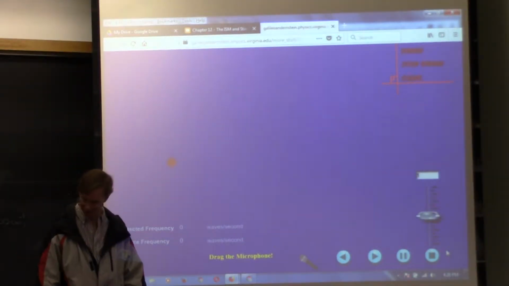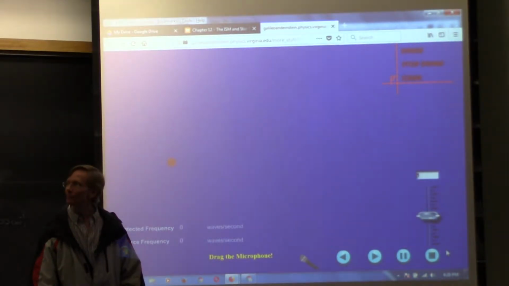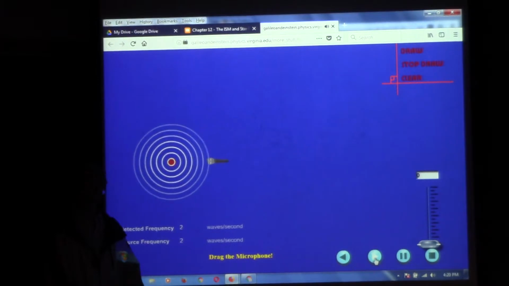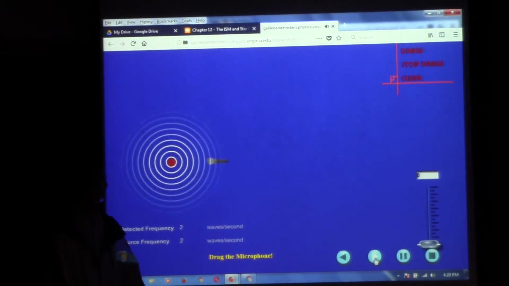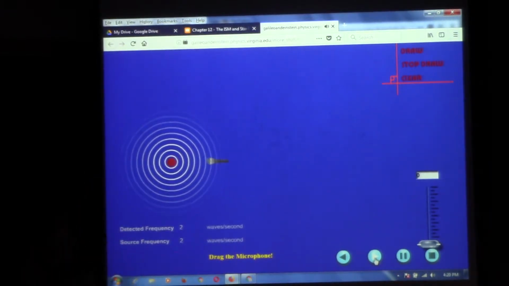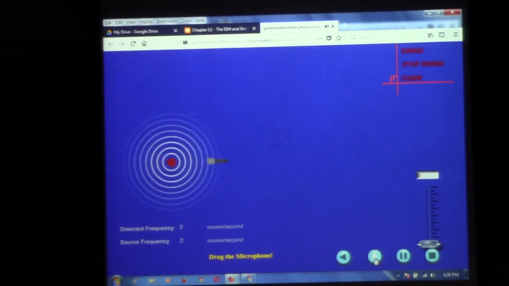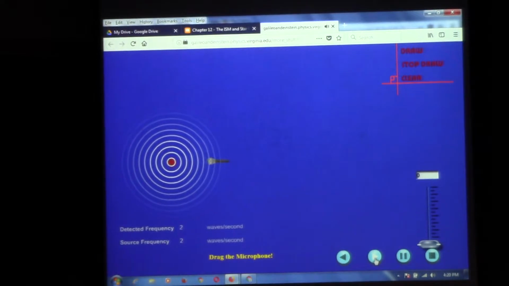Okay. All righty then. So, we have here a microphone that I can drag out in front. Here's my source of sound waves. It's sitting there, and you can't hear anything, so that's not really that crucial, but it's still part of the entertainment, so I guess I'll turn the speakers on.